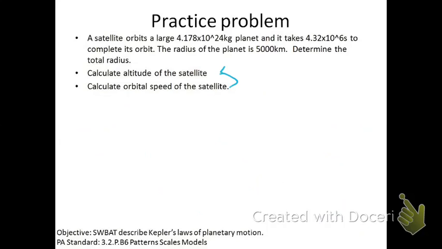These two particular questions, after you solve the first part, where you solve for the total radius R, are actually interchangeable. You don't have to do it in this particular order. You actually could have calculated the orbital speed of the satellite second, and then the altitude of the satellite third. Up to you, whatever your preference is.